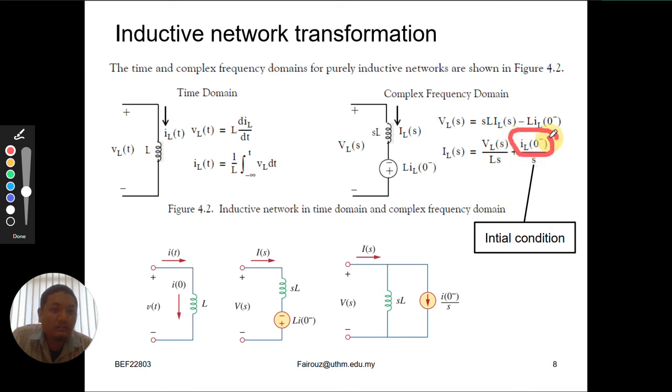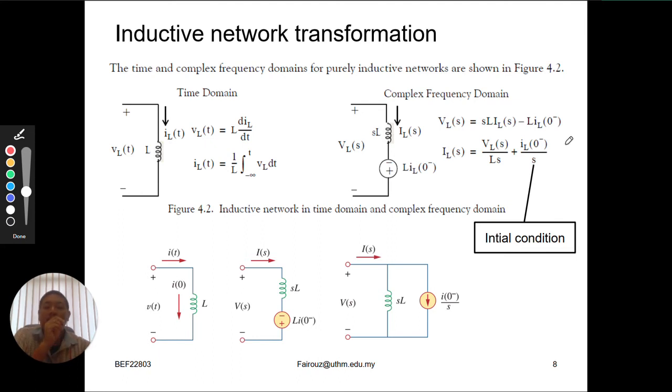IL 0 minus, okay, this is actually the current of the inductor slightly just before 0 second. 0 stands for the time at 0. All right, or in other words, the inductor current at 0, pretty much at 0.